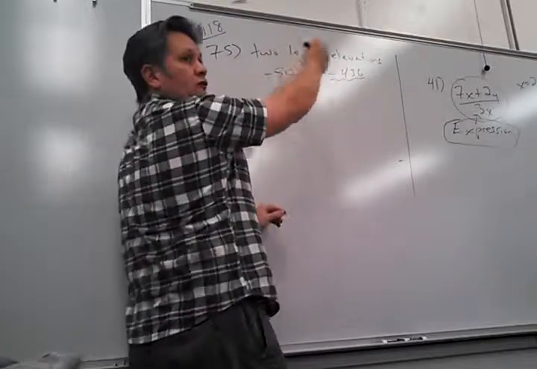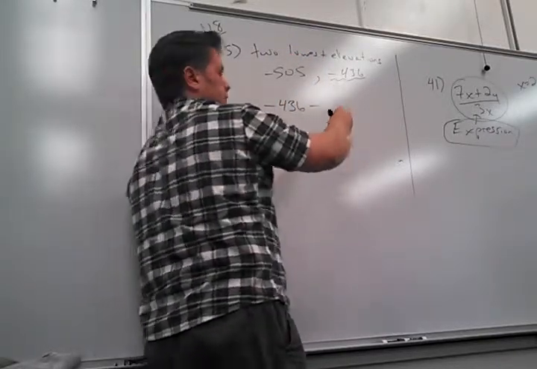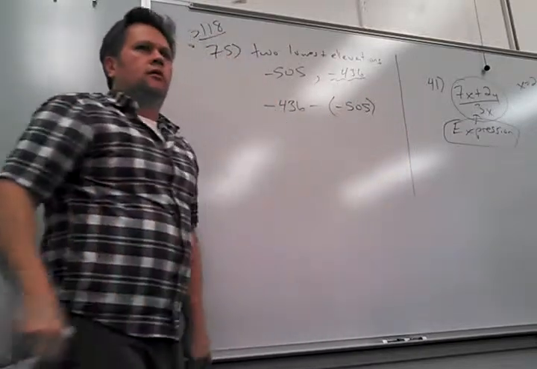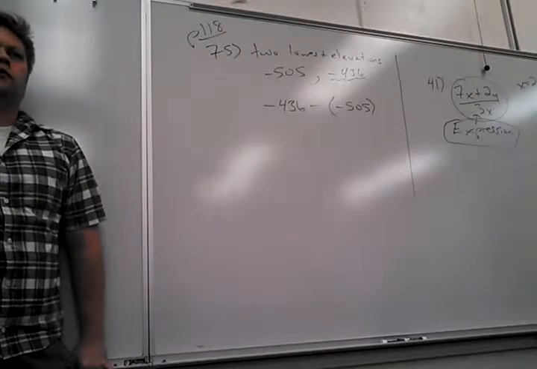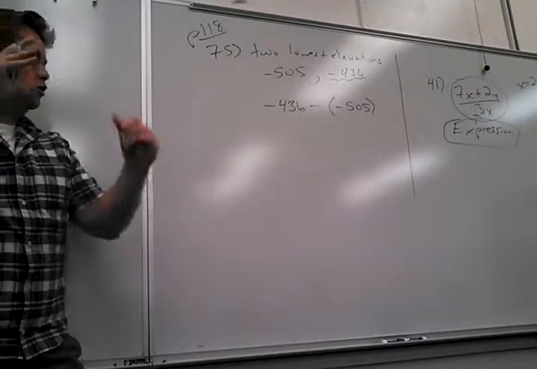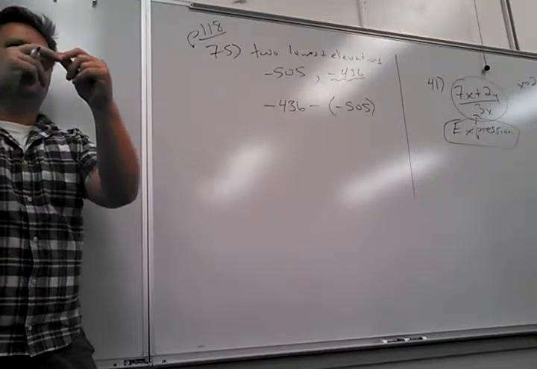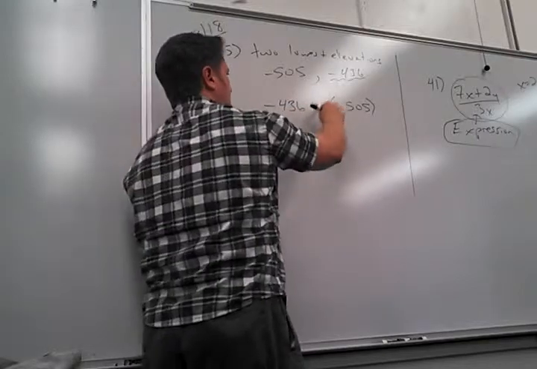So if I want to find the difference between these two, I take the bigger dude minus the smaller dude. And of course, what do you do there? You can always do just two numbers when you're adding or subtracting. I don't have something plus something or something minus something. I have something minus negative something.